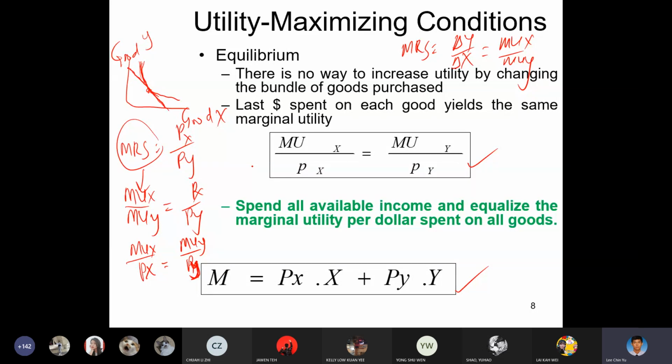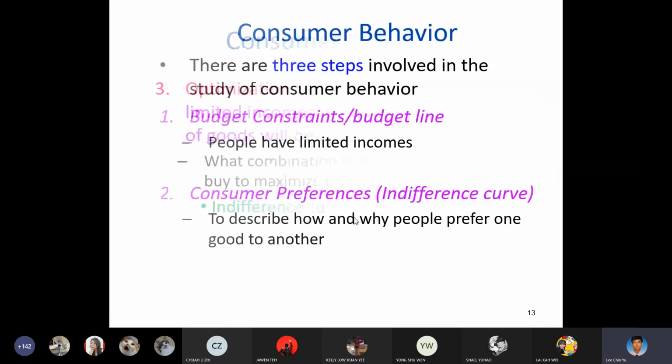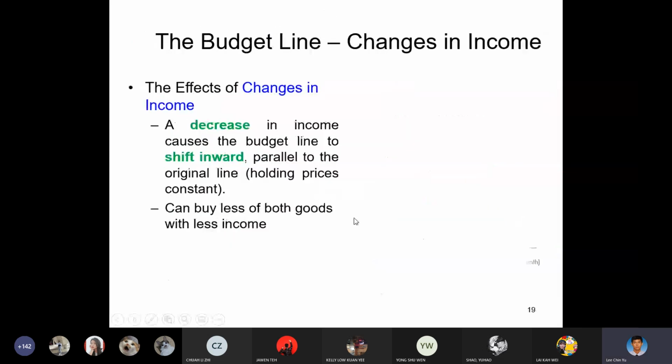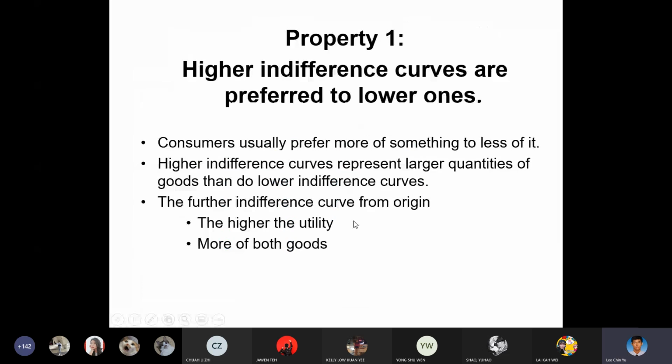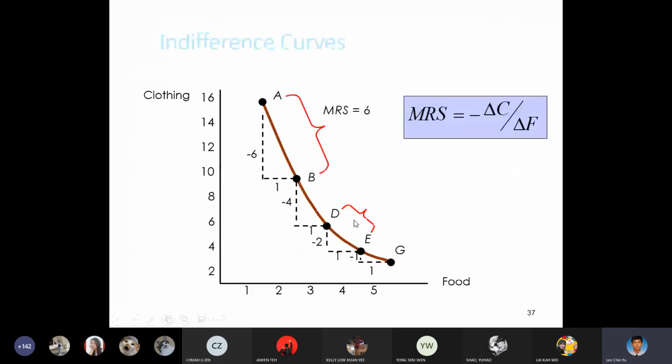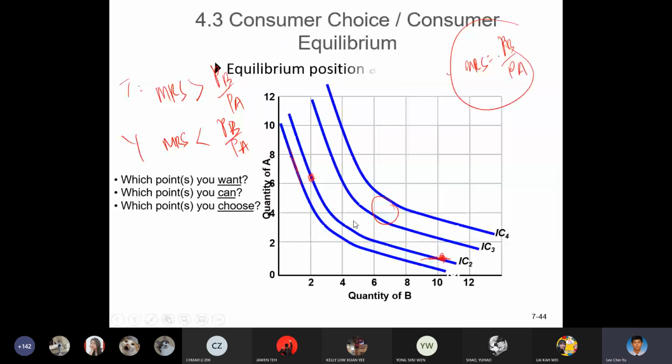So now let's go back to the graph. You can see that in order to achieve the consumer equilibrium, we need to achieve where MRS equals the price ratio.